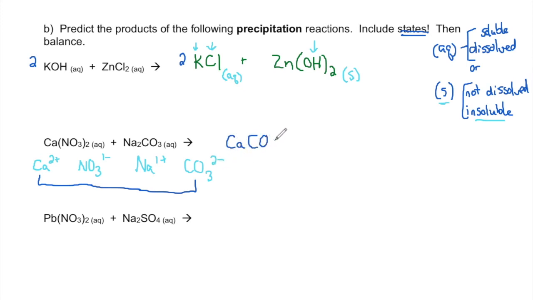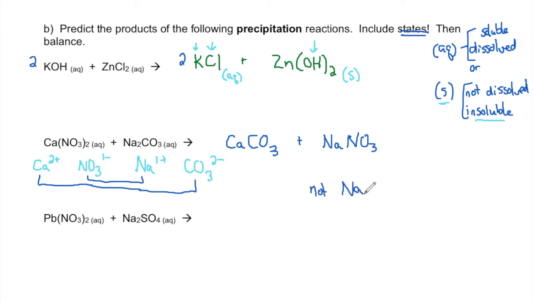The correct formula is CaCO3. We have 2 plus calcium combining with 2 minus carbonate. That leaves sodium to be paired with nitrate. The correct formula for sodium nitrate is NaNO3.